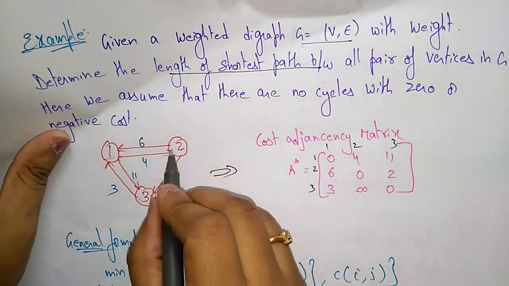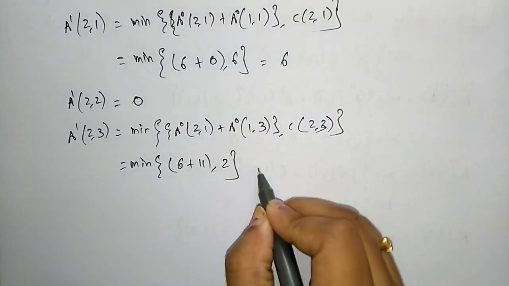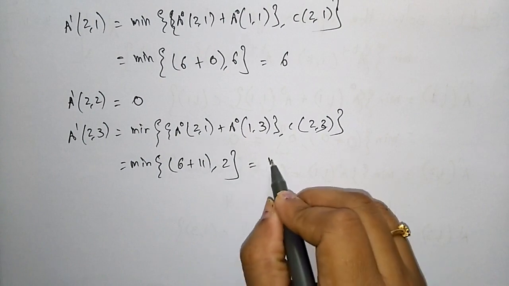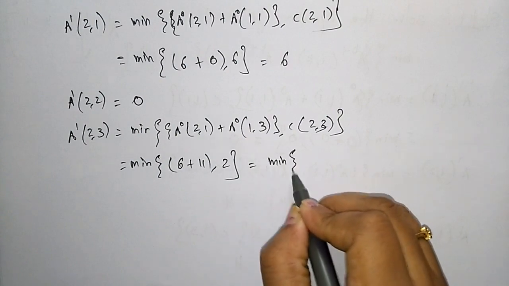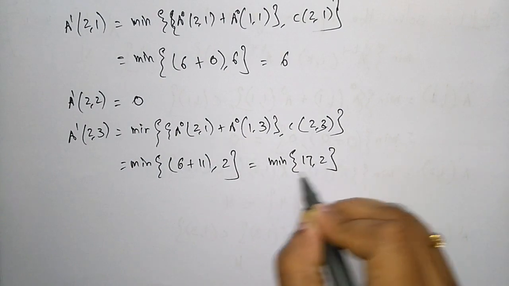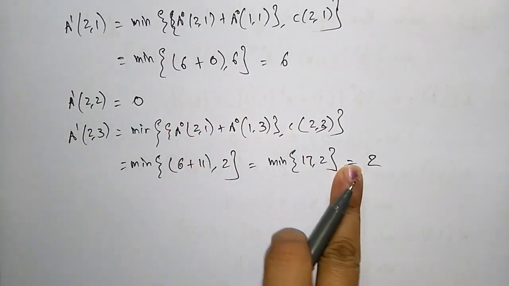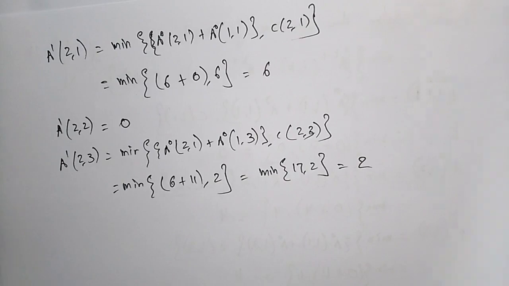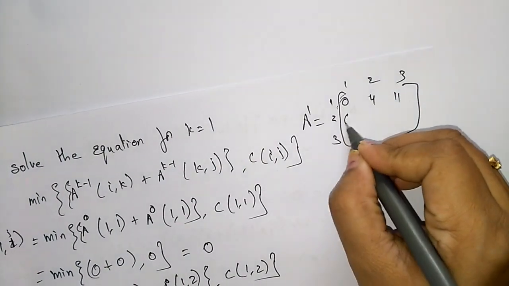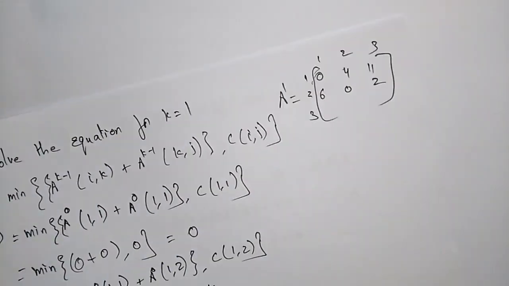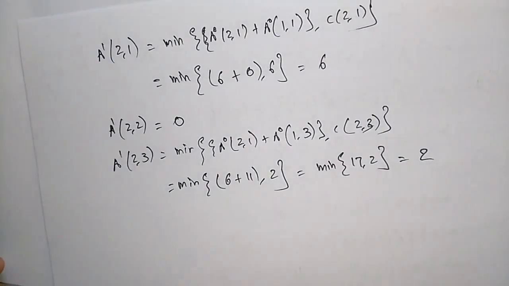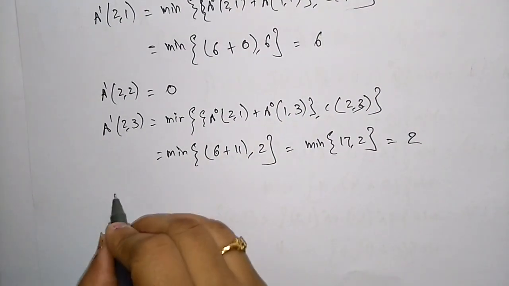C of 2 to 3, the cost, is 2. So from this, the minimum of 17 comma 2 is 2. Okay, so now we got 6, 0, 2. Just write that value in A1.